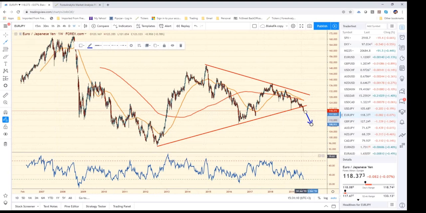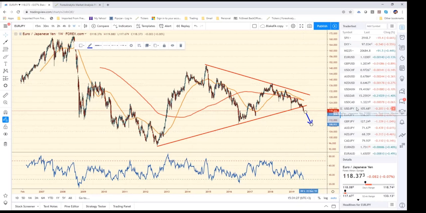Will it continue, or will we have some stabilization, where most people would be like, oh, stocks are coming down, I'm going to go ahead and short the euro yen, that seems like a natural trade? My opinion might be that, hey, the euro may not be the best short.